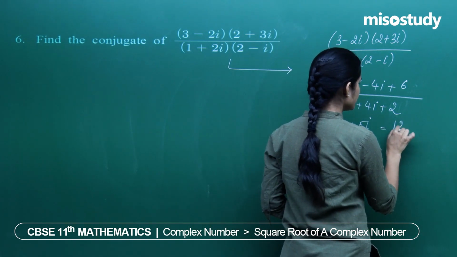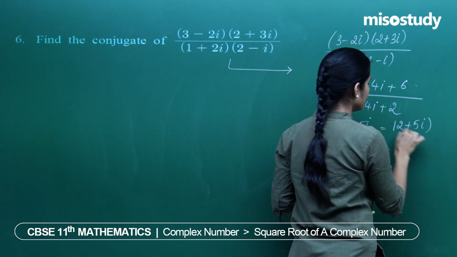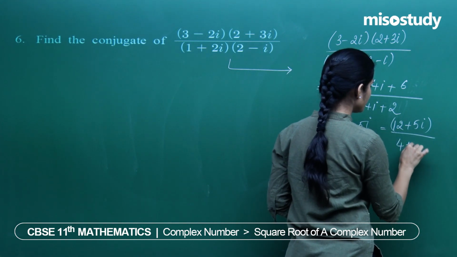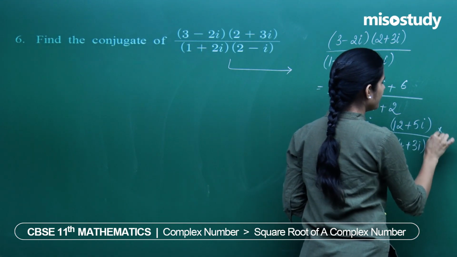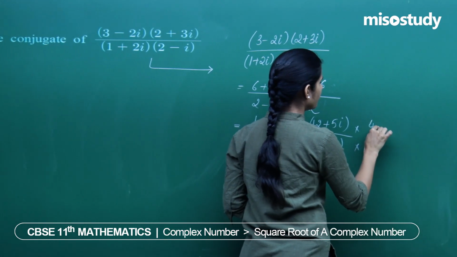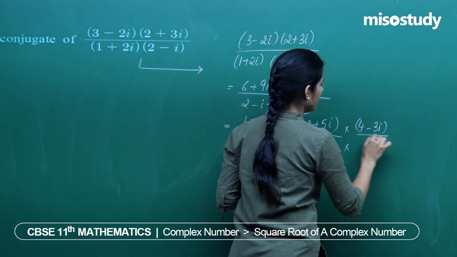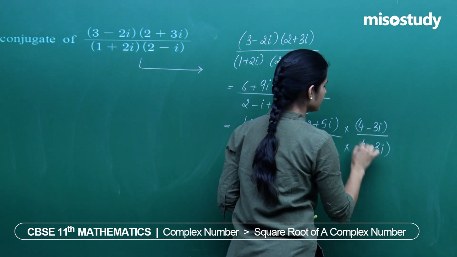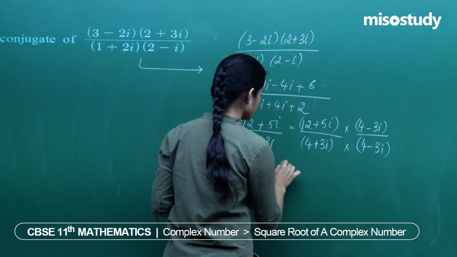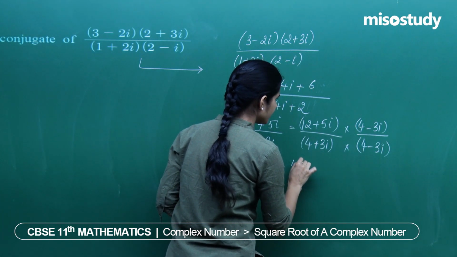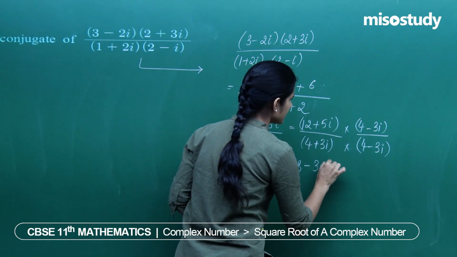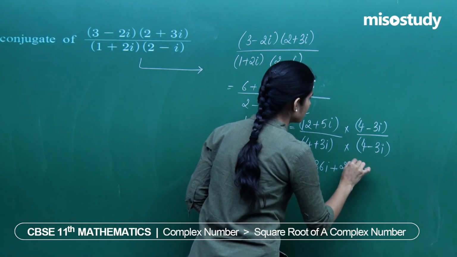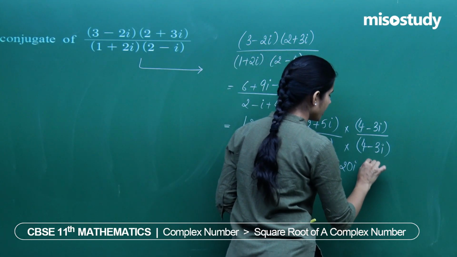Now, in order to find the conjugate, I multiply and divide by 4 minus 3i. What do you get? 12 into 4 is 48 minus 36i plus 20i minus 15i².